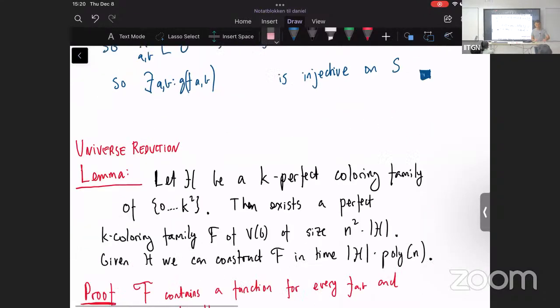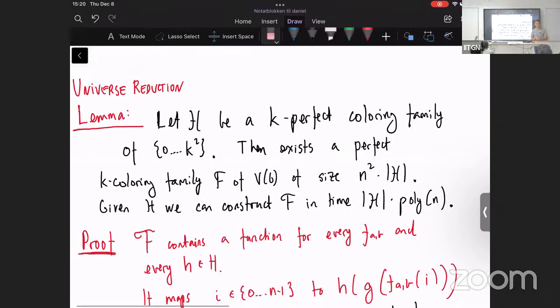Now I claim that if I have a k-perfect coloring family H of a universe of size just k squared, then I can get a k-coloring family of a universe of size n of size n squared times H. So in order to get a perfect coloring family for a large universe, it's sufficient to get a perfect k-coloring family for small sets and a universe that is not that much bigger, the square of the size of the sets I'm trying to color.